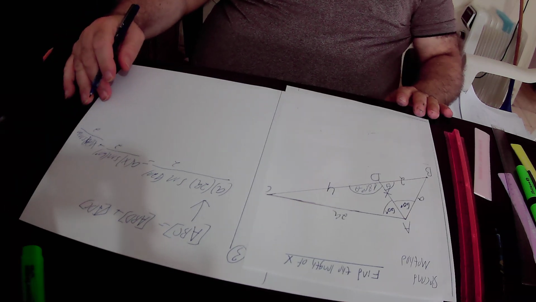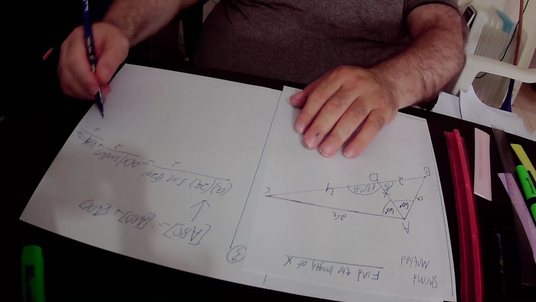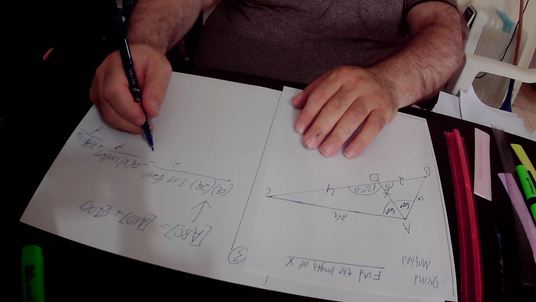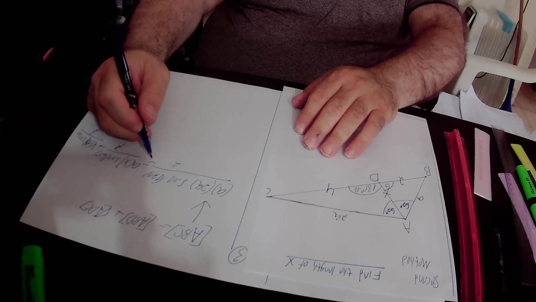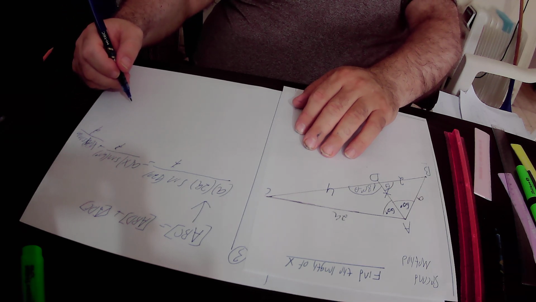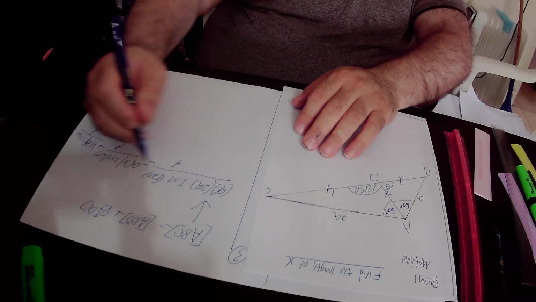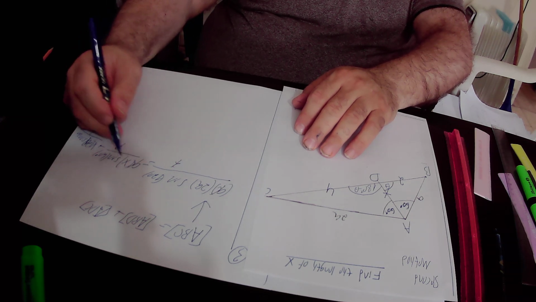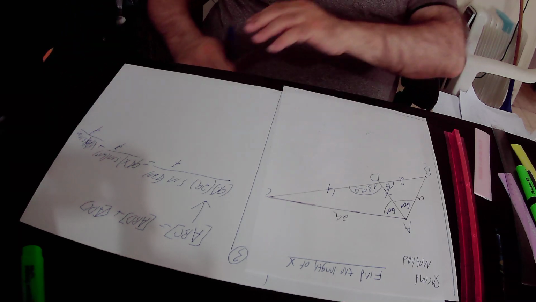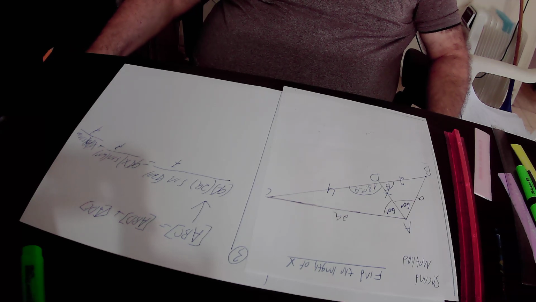So here we have 2 on both sides of the equation, so 2 will get cancelled. We have A on both sides of the equation, so A will also get cancelled. And we know that sine 120 degrees equals sine 60 degrees.